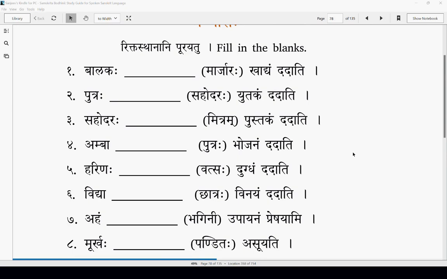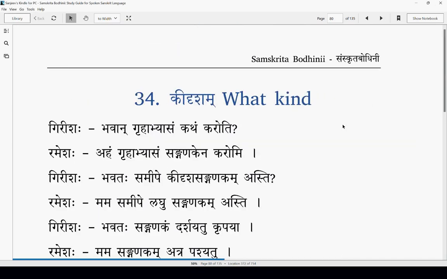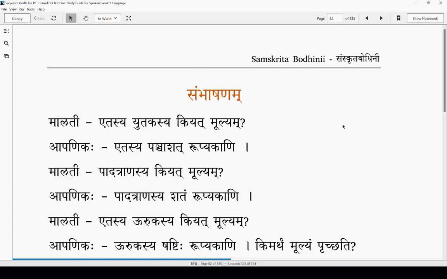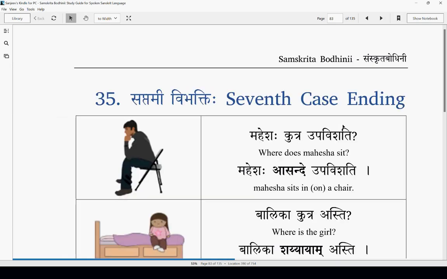There was some exercise here. No question, we can move ahead. So skip these and move on to Saptami.